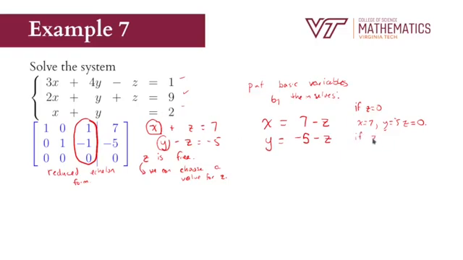But if we pick z equal to 1, well, let's see what happens. Then x is going to be 6. 7 minus 1 is 6. And y is going to be negative 6. And z is going to be 1.